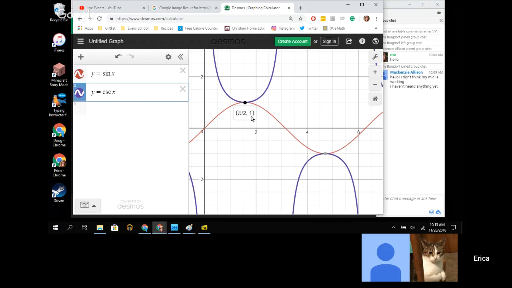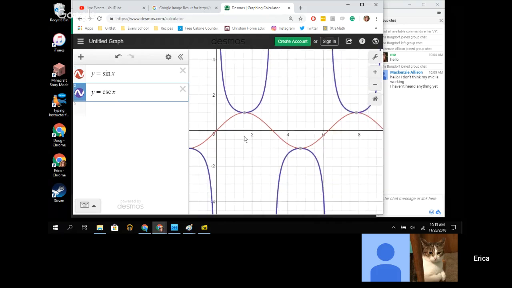We also get some asymptotes, because when you take the sine of 0, it's 0, and when you take the reciprocal of 0, 1 over 0, you can't do that. So you get an asymptote. Again, the sine of pi is 0, so if I take the cosecant of pi, it's going to be 1 over 0, and you get an asymptote again.